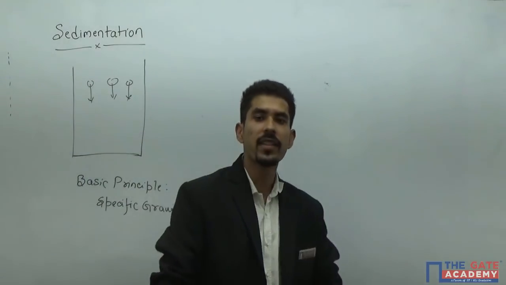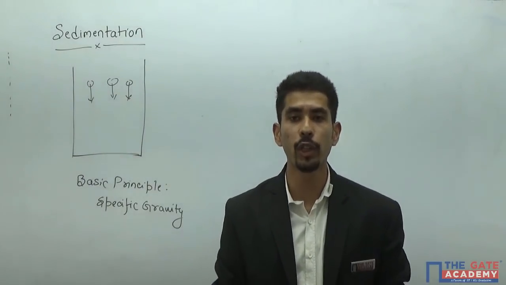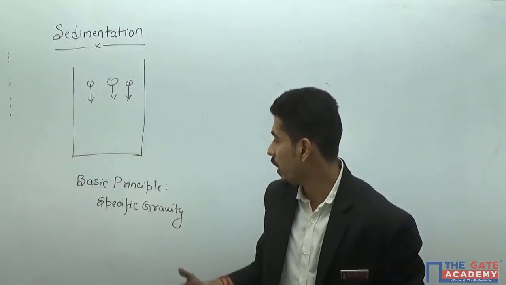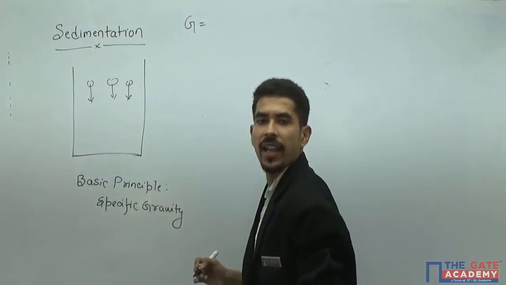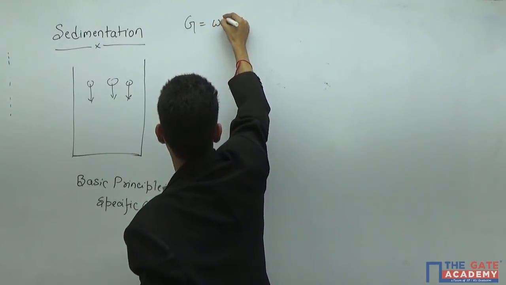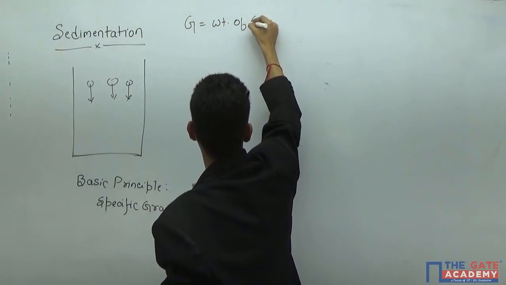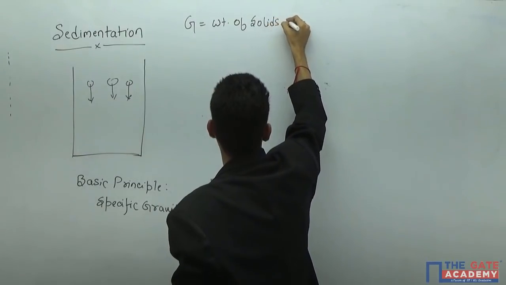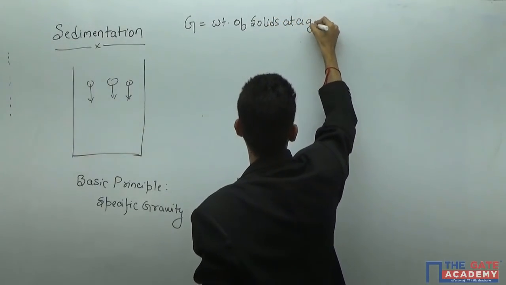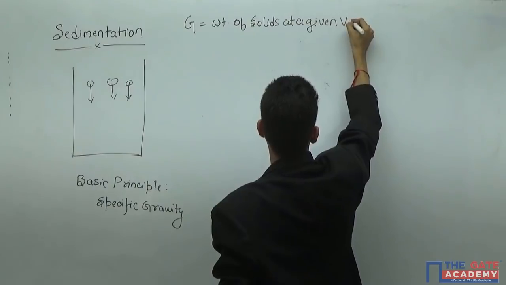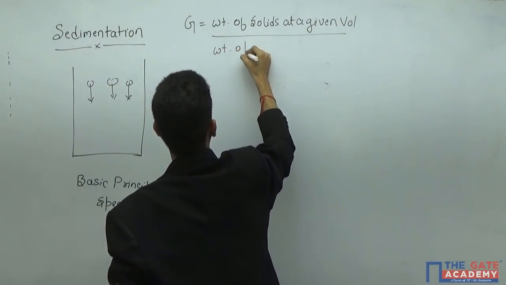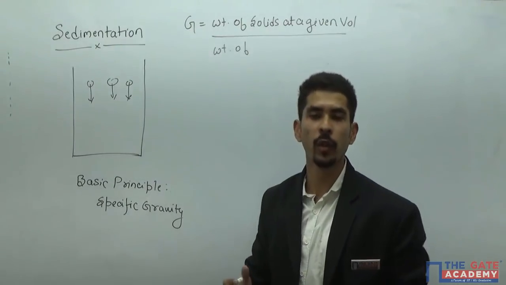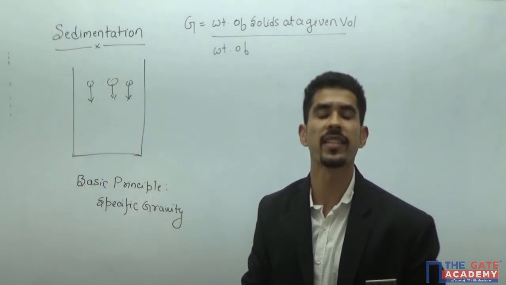Now, what is specific gravity? What do you mean by specific gravity? It is denoted by G, and it is defined as the weight of solids at a given volume divided by the weight of fluid. The weight of fluid in our case is nothing but water.